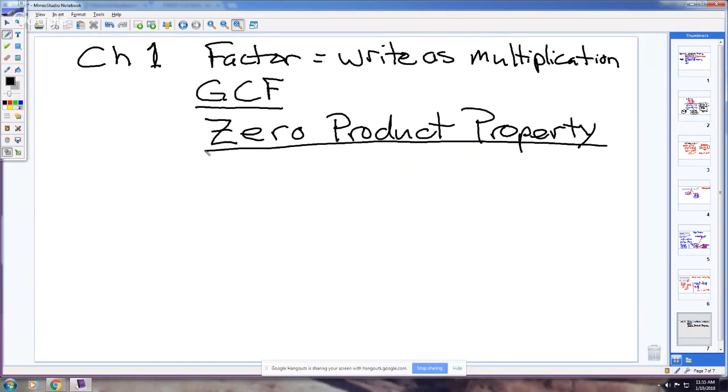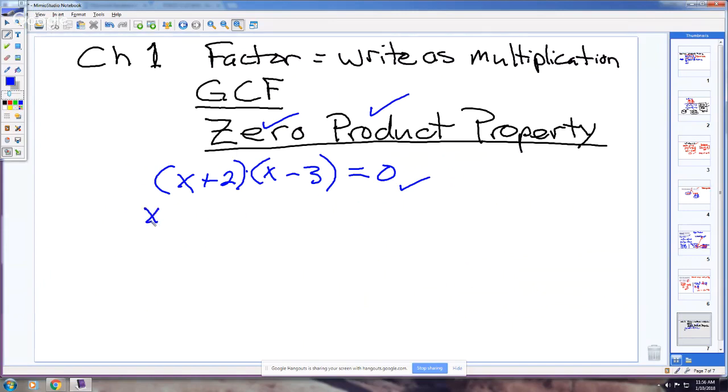So consider, for example, x plus 2 times x minus 3. If this was in an equation, I'm ready to solve it. Why? Well, I have a 0 on one side, right? And I have a product on the other side. So I could break it up into two different problems.